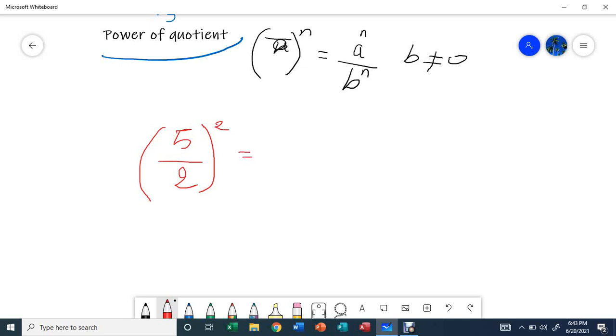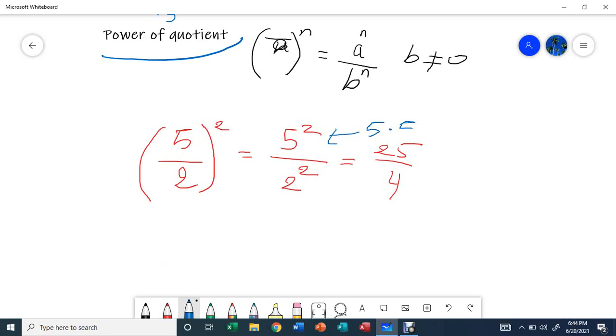So that's 5 squared divided by 2 squared, which is 25 over 4. And again, 5 squared is 5 times 5, which is 25, and 2 squared is 2 times 2, which is 4.